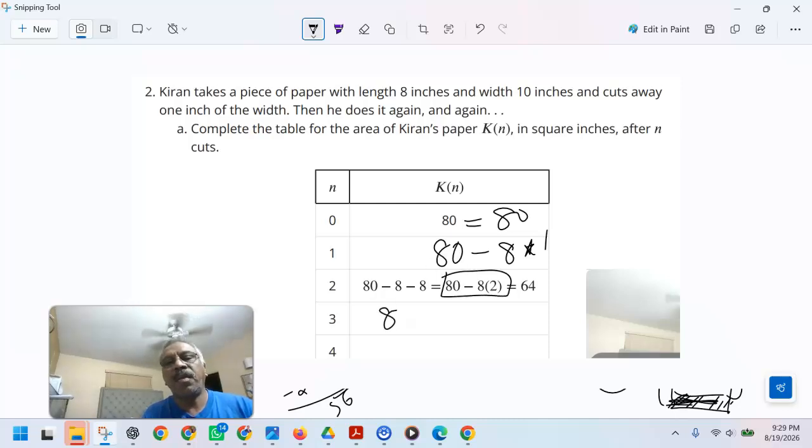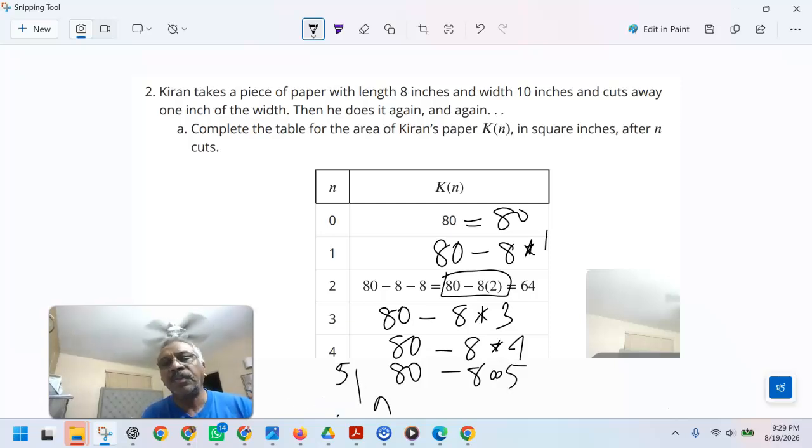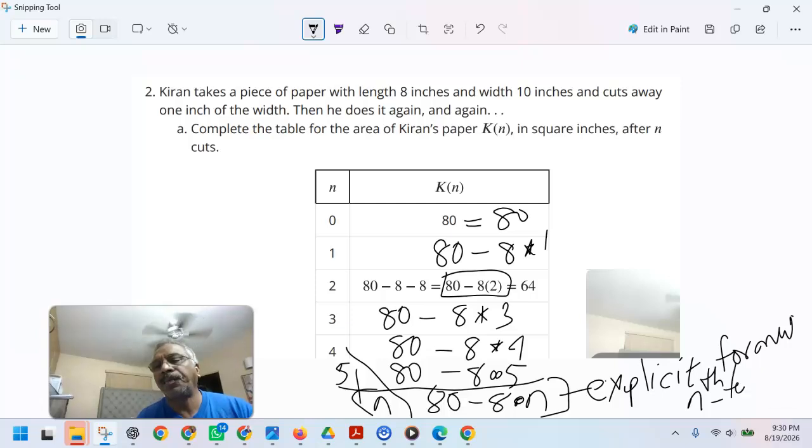Next one is 80 minus 8 times 3. Next one is 80 minus 8 times 4. And you see the trend? If it is 5, it is 80 minus 8 times 5. What about if it was n, the nth term? When it is n, it will be 80 minus 8 times n. That's the explicit formula which I'm talking about. So this is another way to write the explicit formula or the nth term.